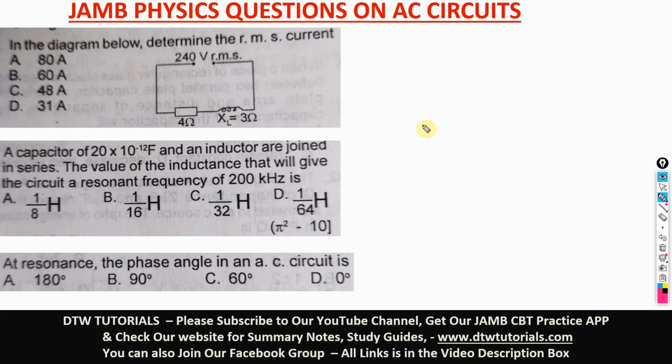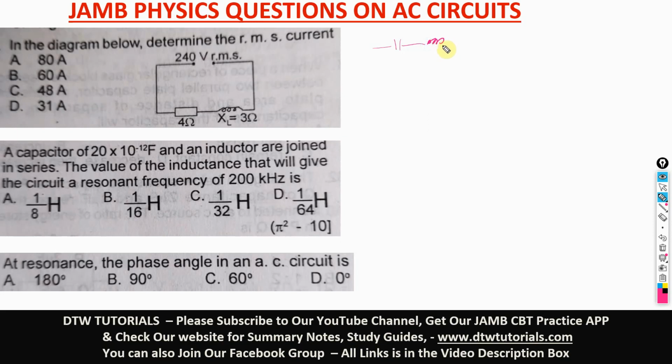This question is quite long. So that's XL, I've not been pronouncing it right, inductive reactance. For this one now, it says a capacitor of 20 times 10 to the minus 12 farads and an inductor are joined in series.